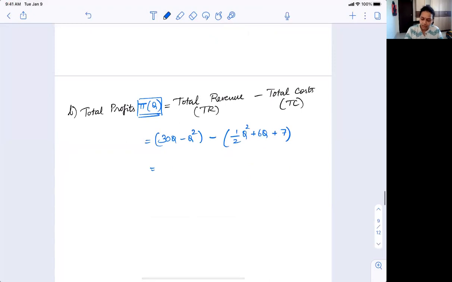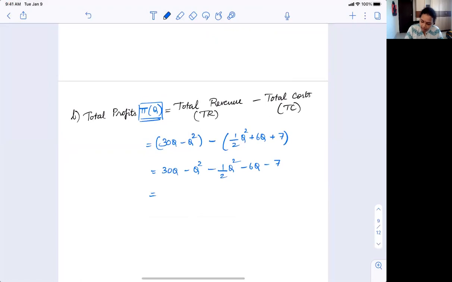So let's write down the profit function. So we have 30Q minus Q square minus half Q square minus 6Q minus 7. So combining like terms together, we have minus 3 by 2 Q square plus 24Q minus 7. So that is my profit function.